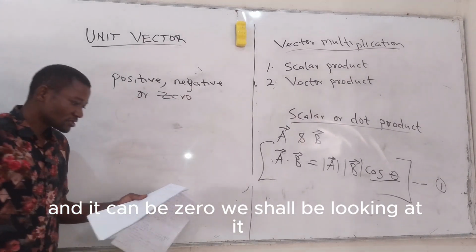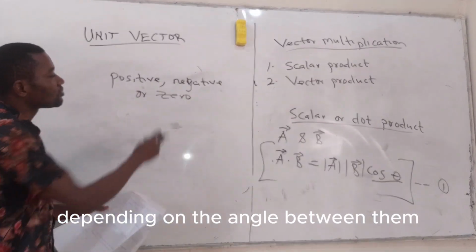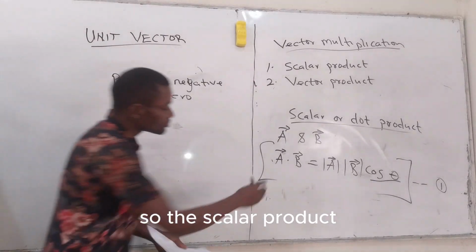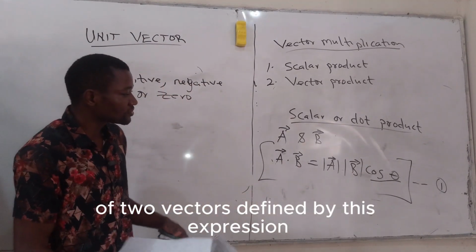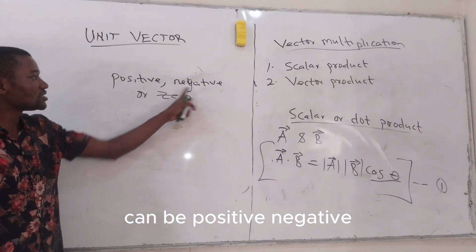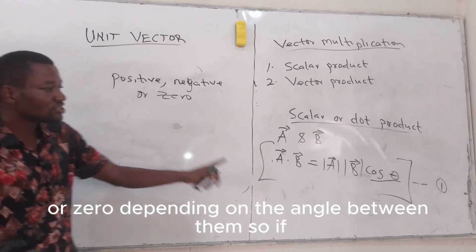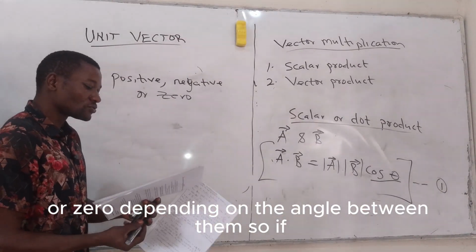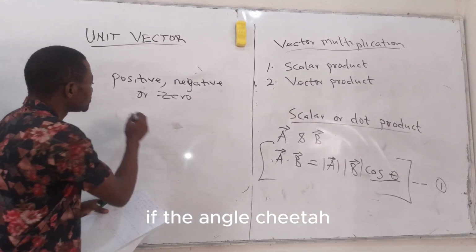We shall be looking at it depending on the angle between them. So the scalar product of two vectors defined by this expression can be positive, negative, or 0, depending on the angle between them.